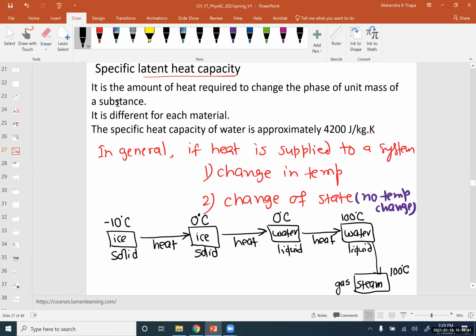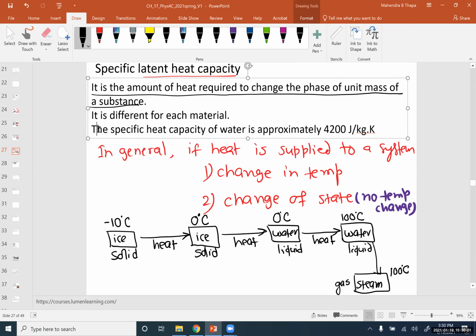So the specific latent heat is the amount of heat required to change the phase of unit mass of a substance. Okay, so for example, we can go here. This is not applied here. Water has a different scenario, so we cannot write it here.